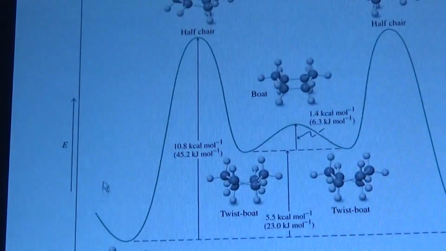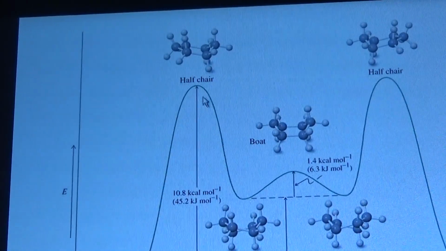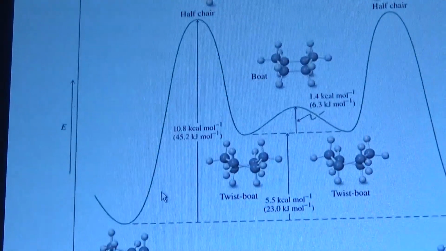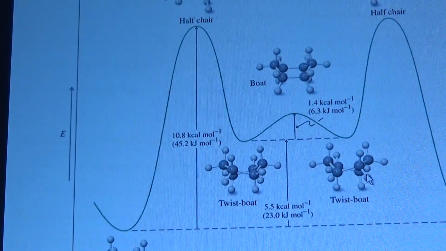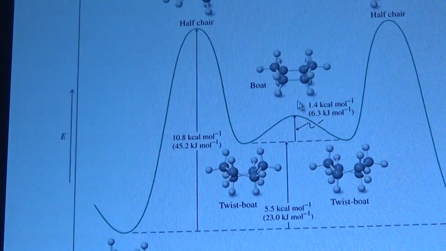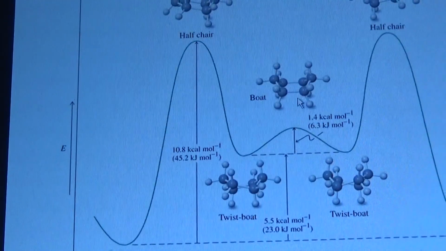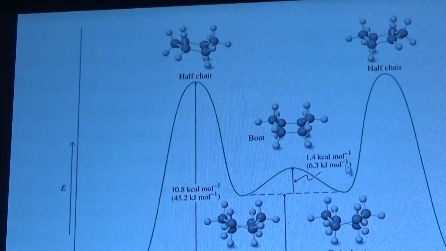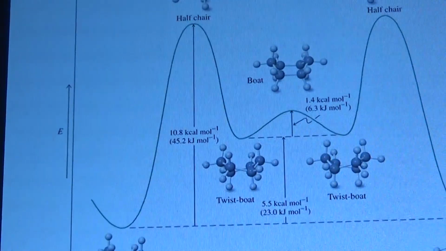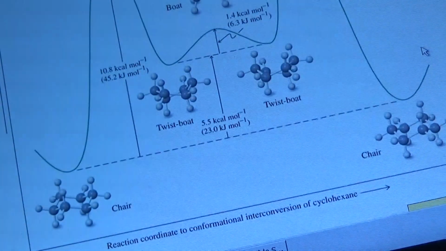So I'm going to go from chair over the half chair, which is hard to visualize. It's a high energy intermediate. Then I'm going to be in twist boat territory, going back and forth, with the intermediate being a boat, that small transition state. I can actually kind of see this. And then it goes from twist boat all the way over another half chair into the other chair form.